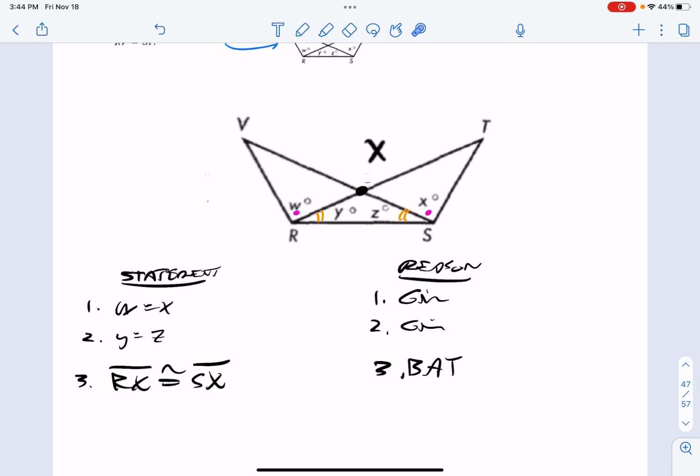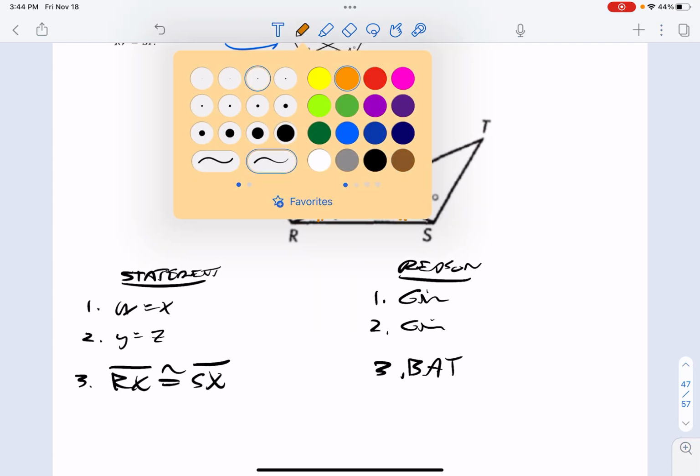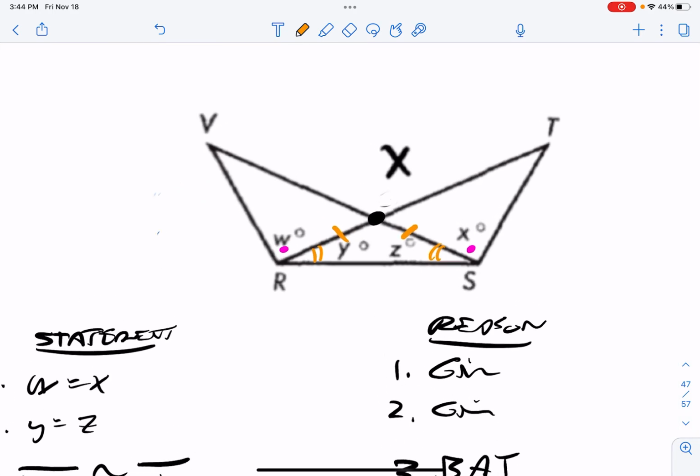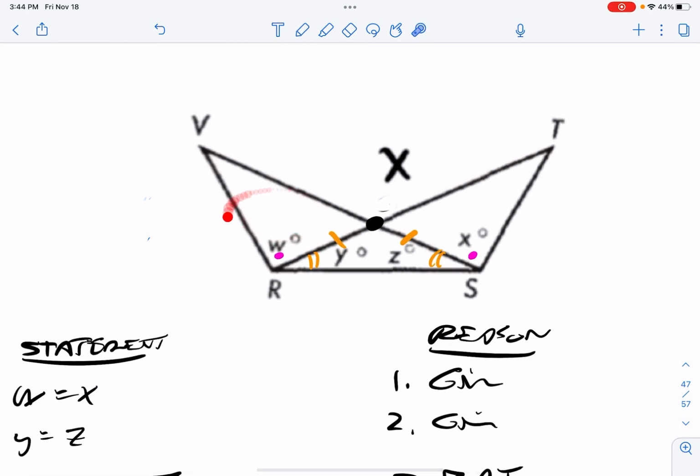That comes from the immediately previous step, so I don't need reference numbers. If I mark that in the diagram, I will notice that the triangle on the left and the triangle on the right have angle side matching. When you see angle side, you think that's 2/3 of a rule. What else could I throw in there? Side angle side, but I'm trying to prove that VR and TS match. But maybe angle side angle.